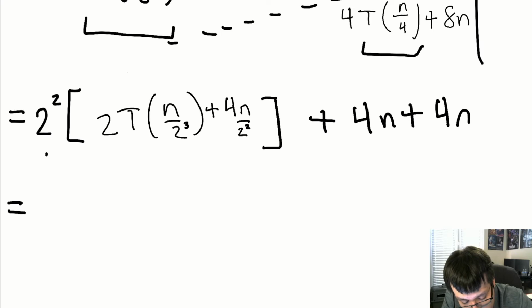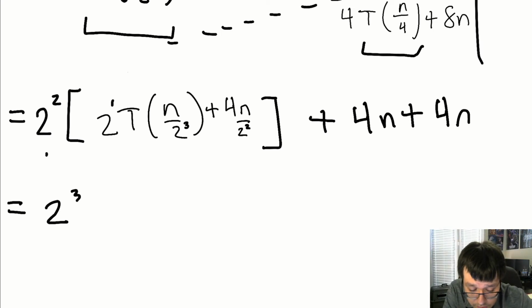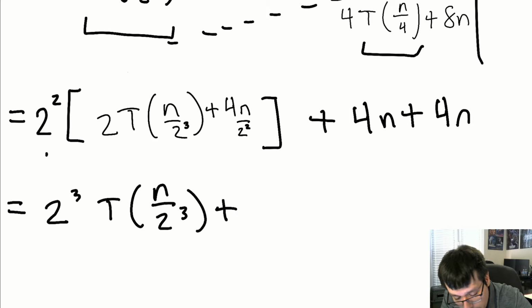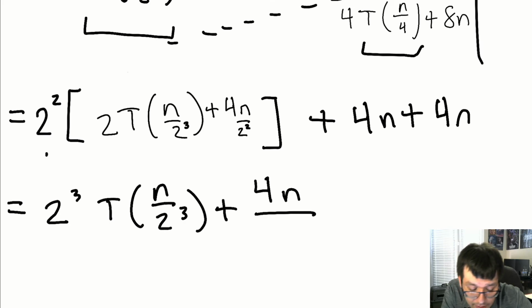So this would become 2 to the 3rd power, because this is technically 2 to the 1st, so we add 2 plus 1, and then we write our T of n divided by 2 cubed, plus, and then over here, this becomes 4n divided by, and so here we are taking 2 squared and dividing it by 2 squared, or basically 4 dividing it by 4.